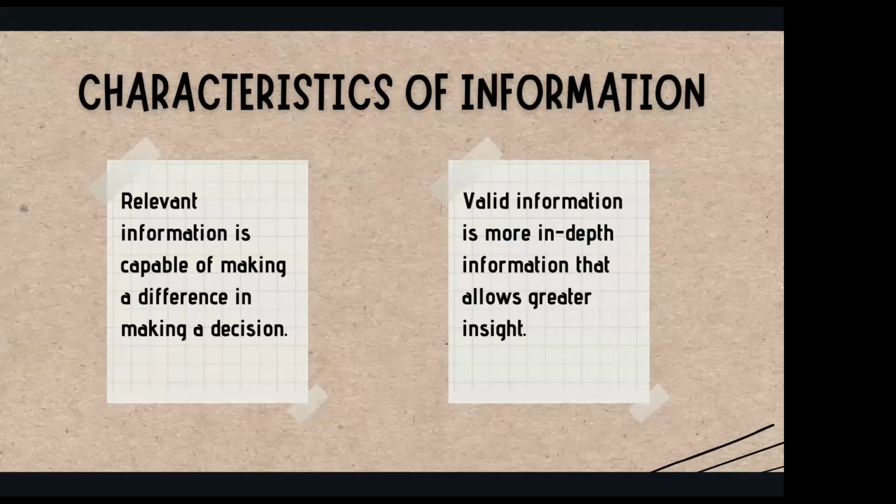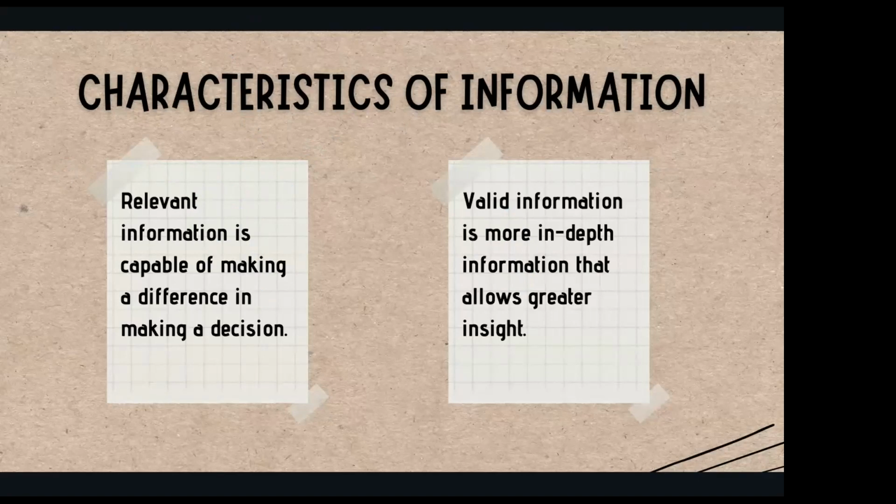Okay, let's go now to the characteristics of information. Again, pretty much self-explanatory. Let me just quickly brush these things that are here. If you read it later on, of course, you can also produce your own meaning with this. First, we have relevant information is capable of making a difference in making a decision.